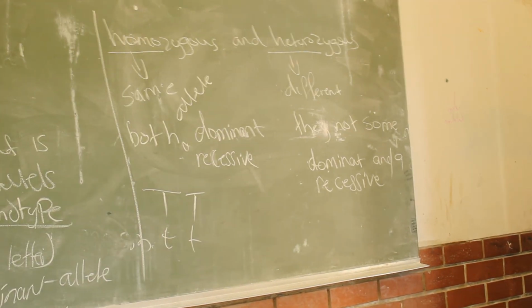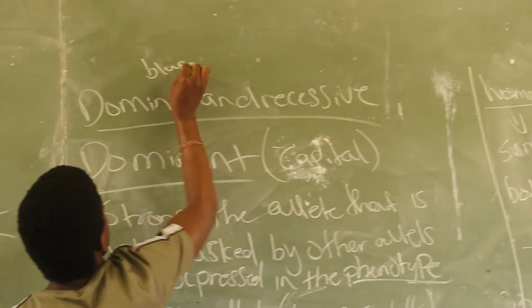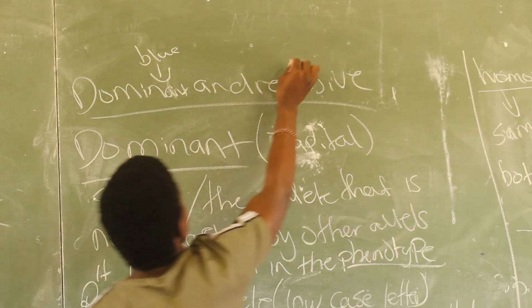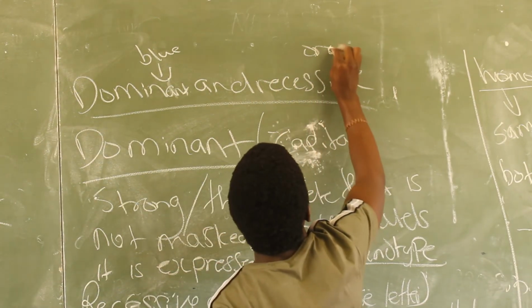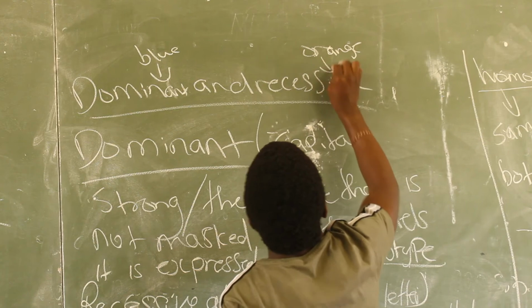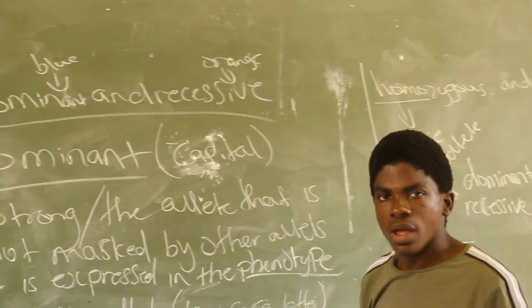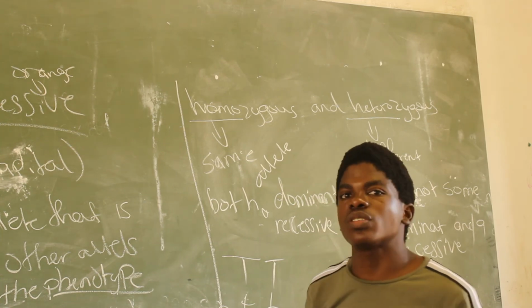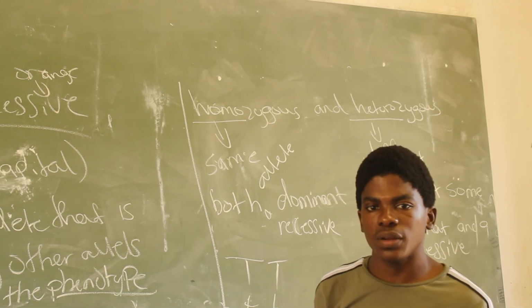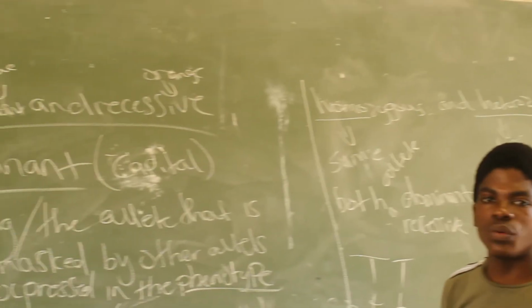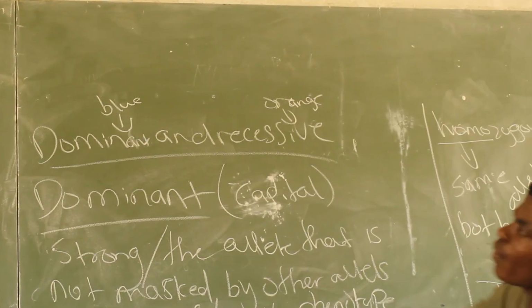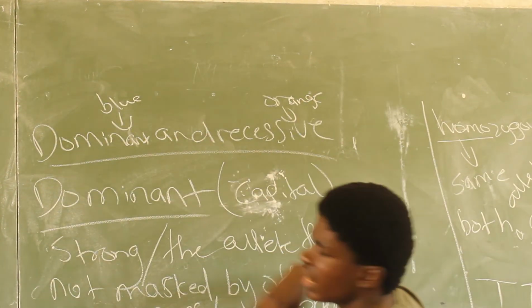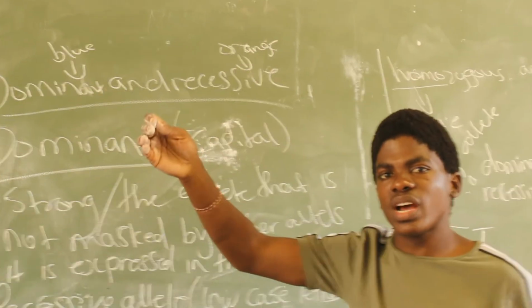Let's say we have blue, which is dominant, and orange, which is recessive. Because we want a genetic cross that is easy to read and understand, and we are dealing with one characteristic, how are we going to write this as alleles?